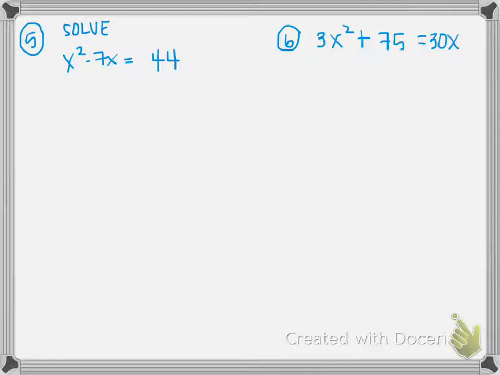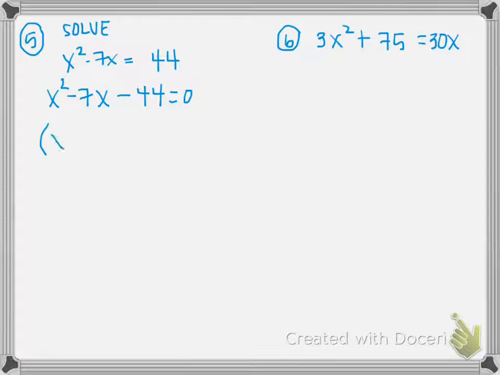Alright, remember when we solved quadratic equations by factoring? Okay? Or using the quadratic formula, we have to get it equal to 0. Okay? So this one, number 5 here, I would have to move that 44 to the other side. So when I move that positive 44 to the other side, I'm going to make it a minus 44. Okay, so now remember, I asked myself what multiplies together to give me a negative 44 and adds together to give me a negative 7.